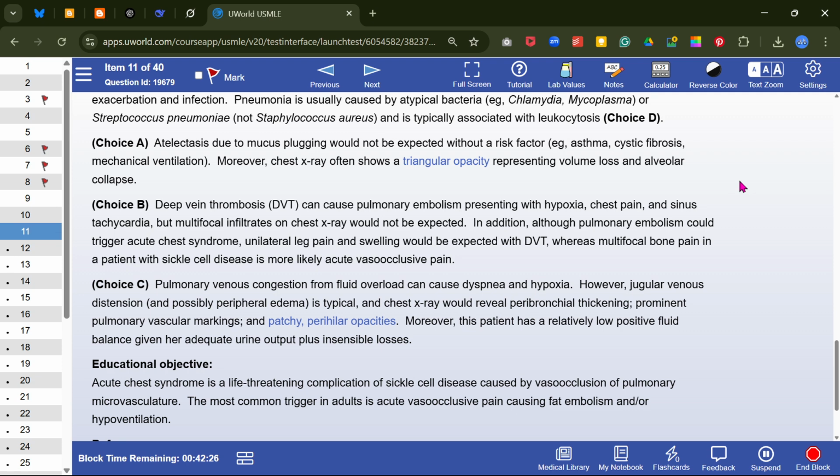In bilateral pulmonary edema, there is peribronchial cuffing, prominent pulmonary vascular markings, and a patchy perihilar opacity. Moreover, this patient has a relatively low positive balance given her adequate urine output plus insensible losses.